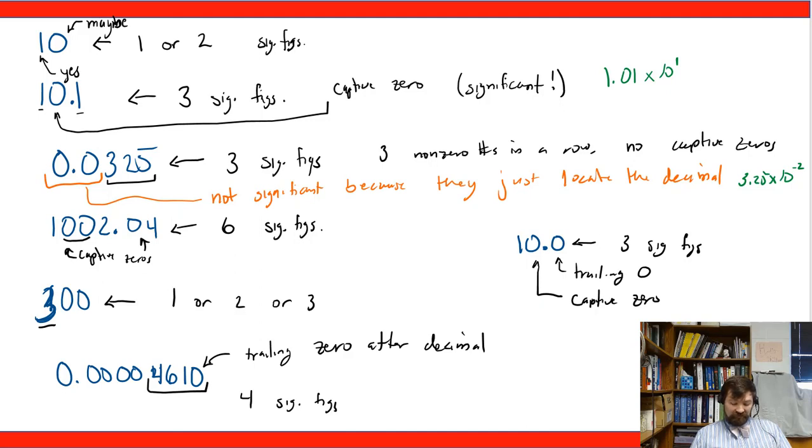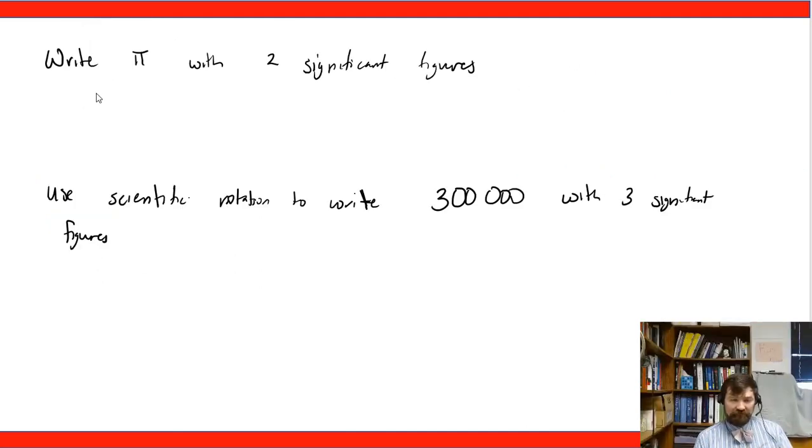We don't have time in this video to go over the rules of addition, but we will in a future video. I do, however, want to give a couple examples, kind of like a your turn to play quiz first. Okay, our first example is to write the number pi, but to 2 significant figures. So you know that pi is approximately 3.14159, etc., etc., etc. You can go out to as many digits as you want.